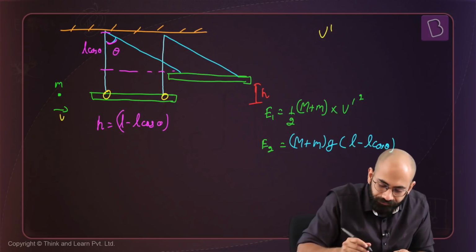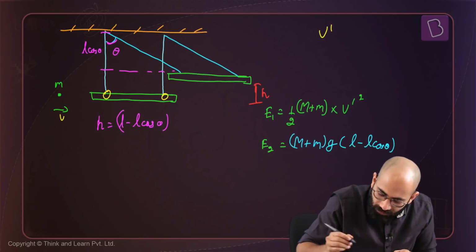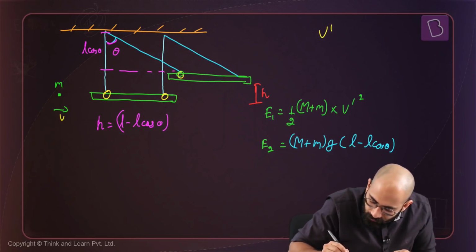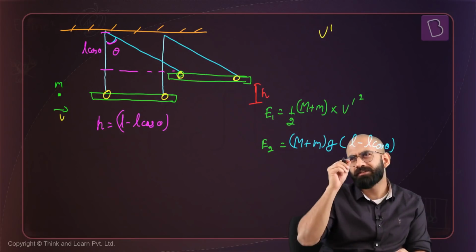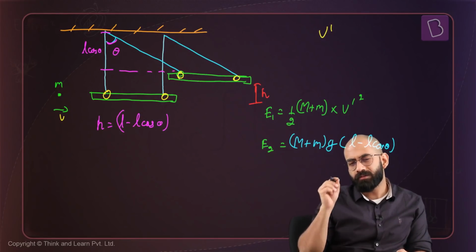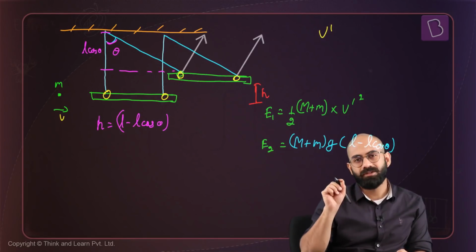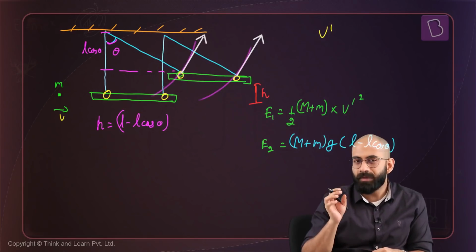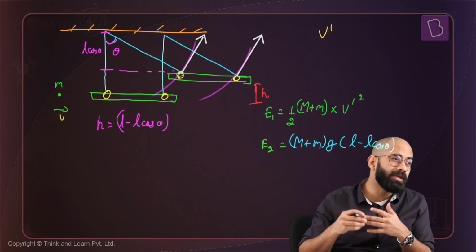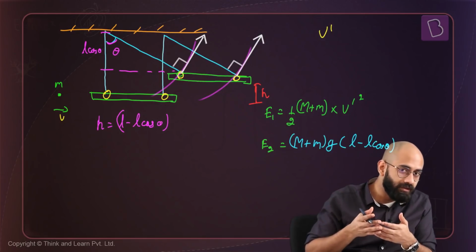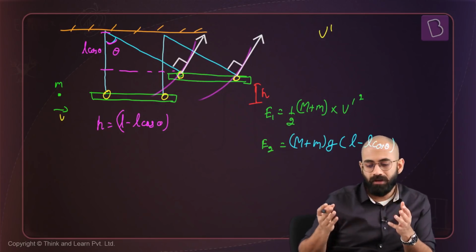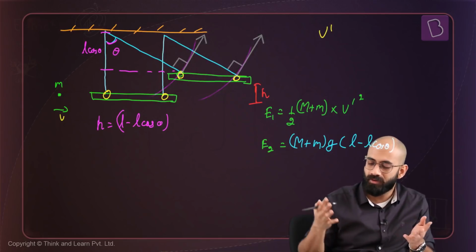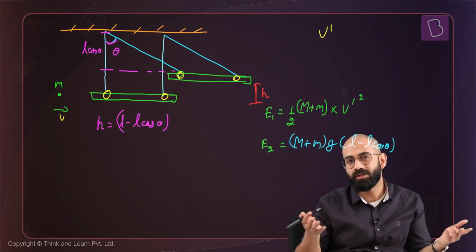If you notice, the point where the string is attached to the body is always moving in a circle, which means the displacement of that point will always be perpendicular to the tension force. So we can assume the work done by the tension is 0 in this case as well. So there's only work done by gravity. There's no other work done.